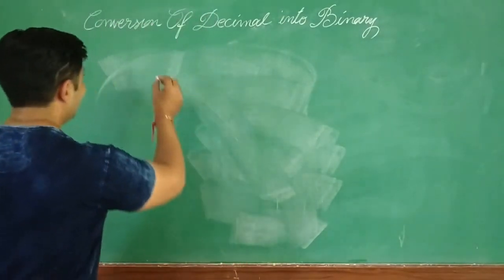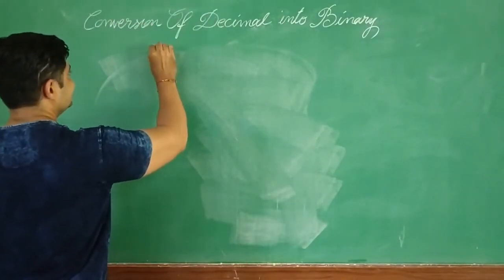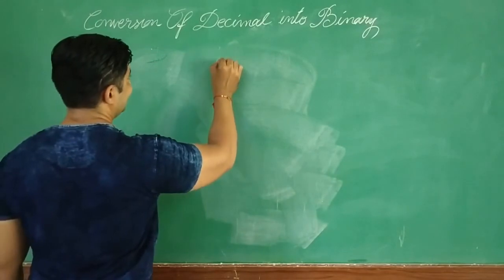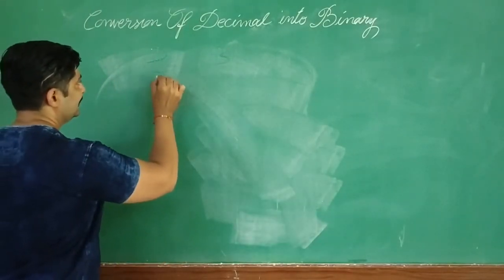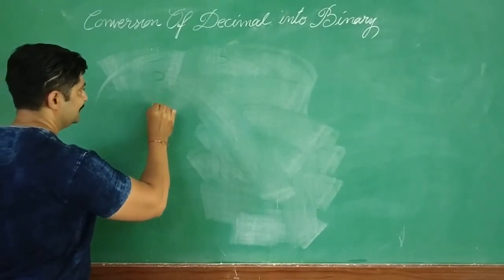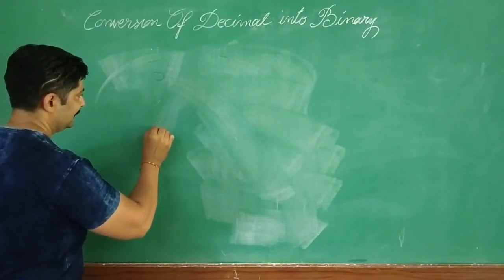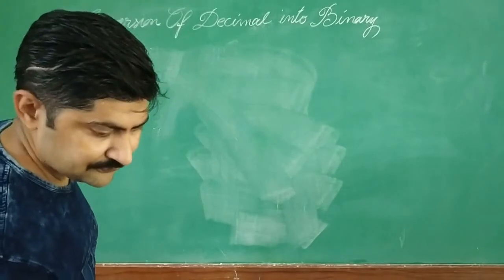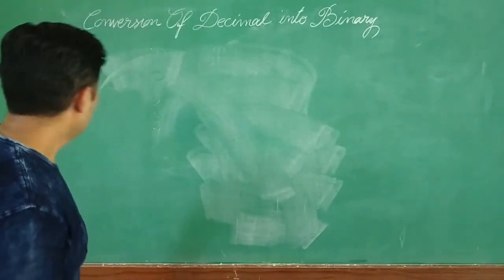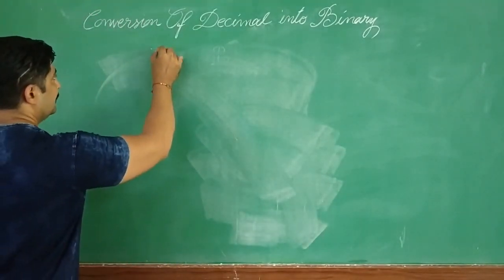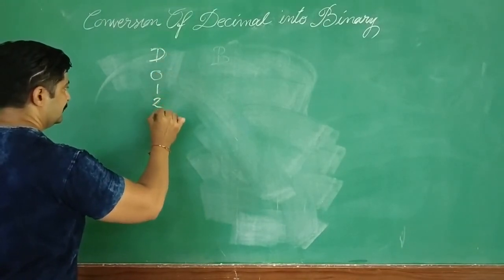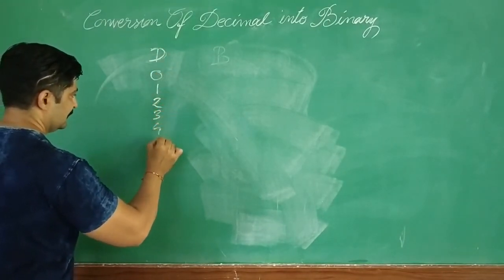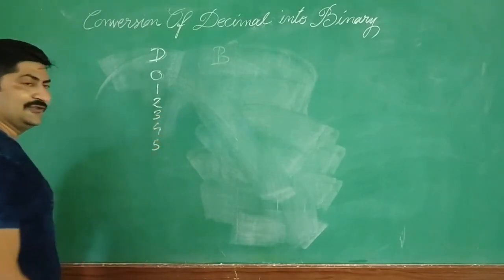Here I am writing the decimal numbers, and here the binary numbers. Decimal numbers 0, 1, 2, 3, 4, 5, 6 and so on.